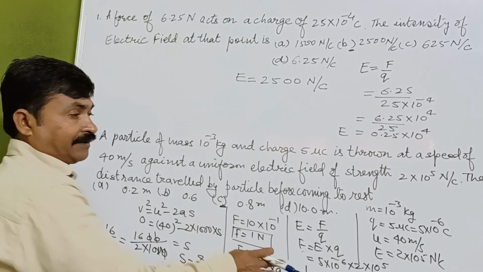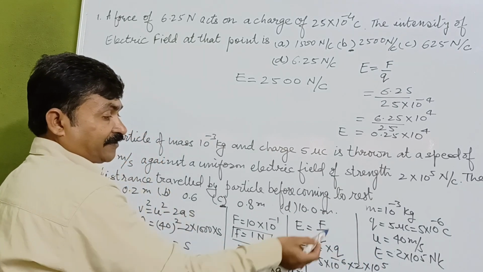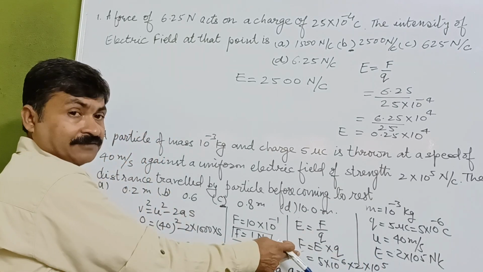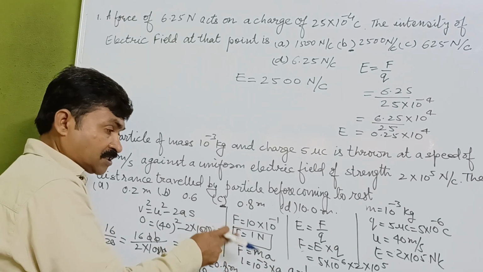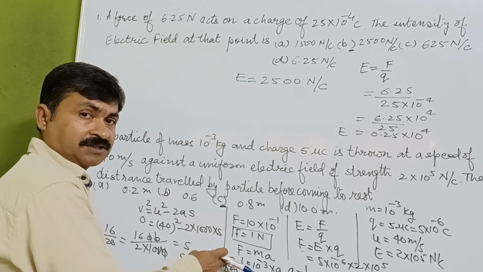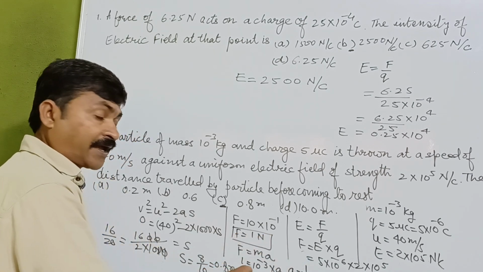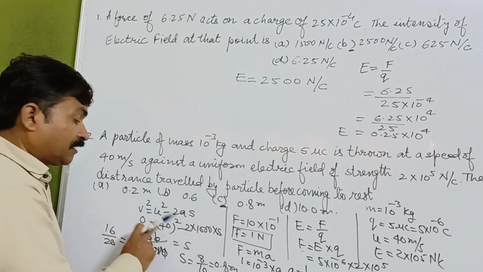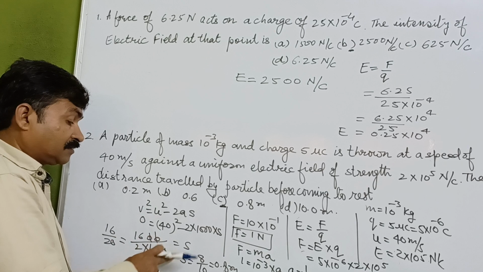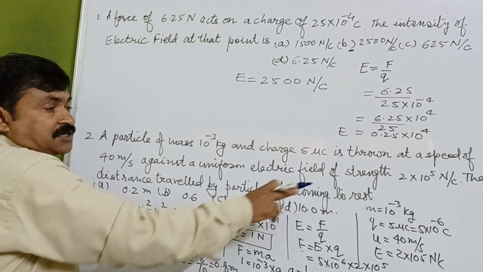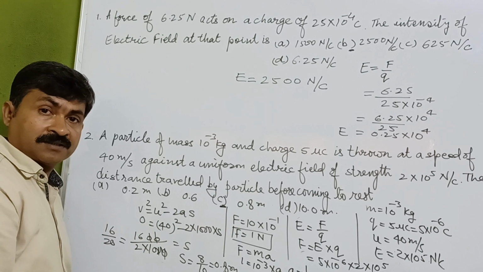So here what we have done: we first got the electric field. By knowing the electric field, we got the force. Once we got the force, we went through Newton's second law of motion, force is equal to mass into acceleration. By this we got the acceleration, and ultimately by using the equation of motion, we got the distance traveled by the particle before coming to rest.